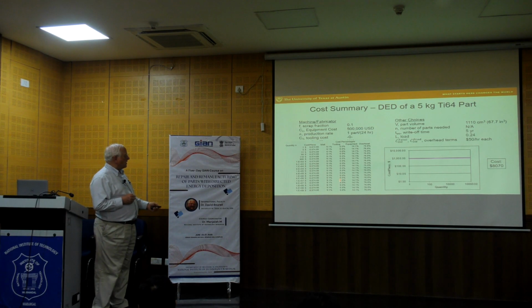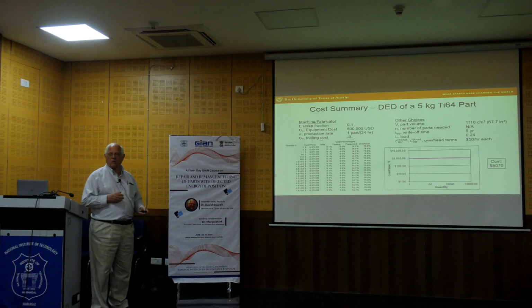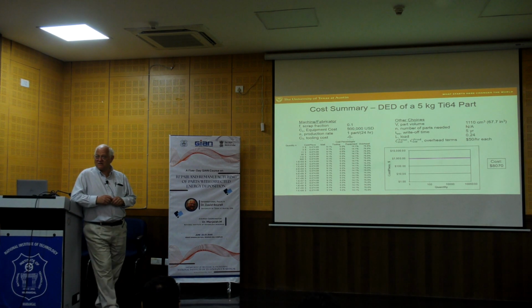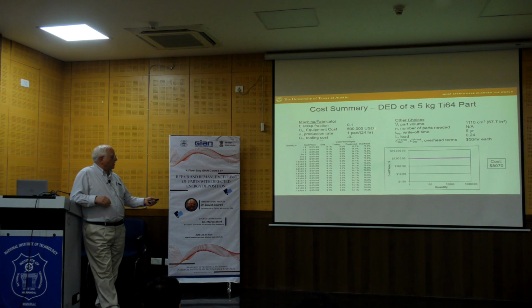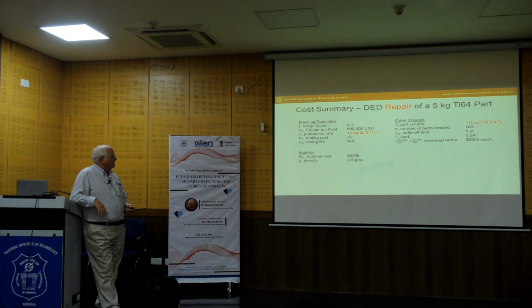And of course, the tooling cost is 0. The equipment cost comes in at about 14%. And in this case, the overhead is where the big expense is. So if I want to bring this down from $8,000, what I really want to address is reducing the overhead. That's where we want to go.